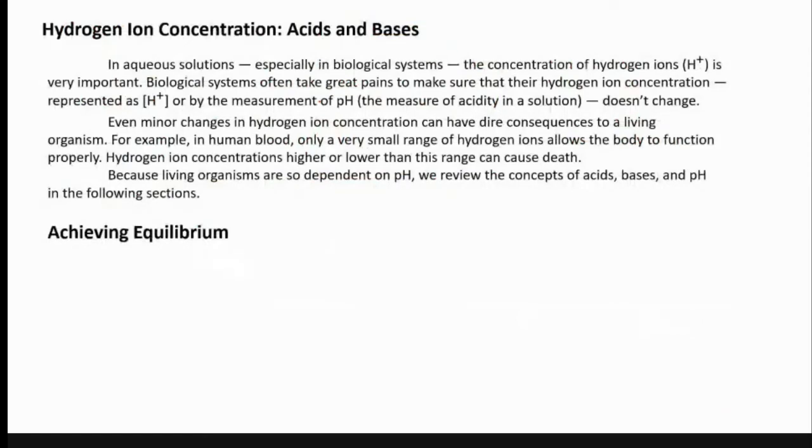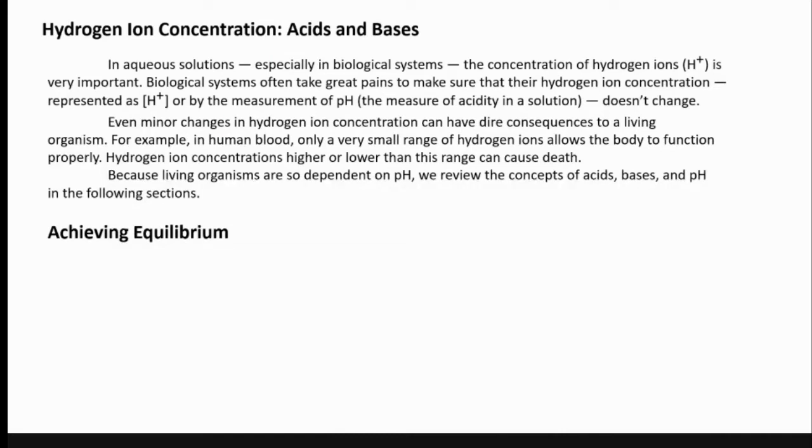So, let's go to your H plus ion. When we say hydrogen ion, that's your H plus ion. And what is its implication for acids and bases? In aqueous solutions, especially in biological systems, the concentration of H plus ions is very important.